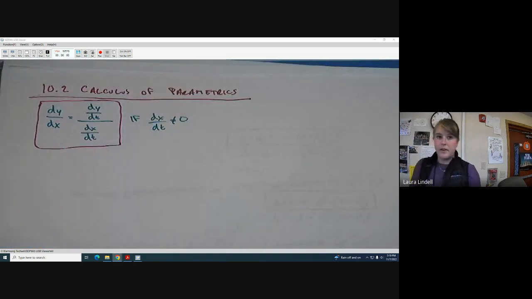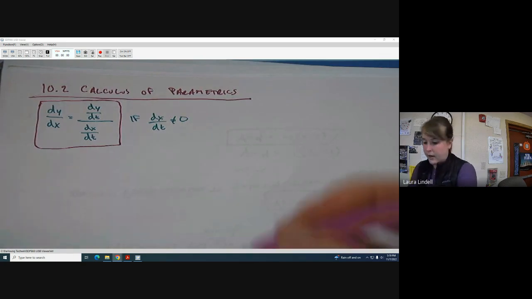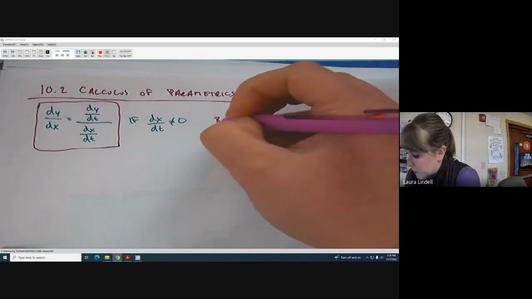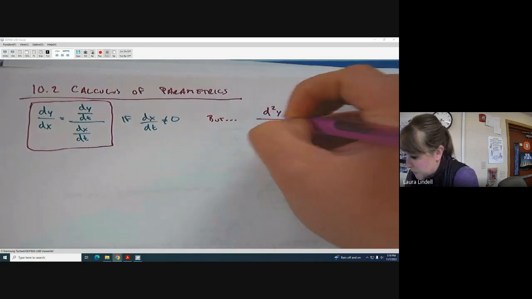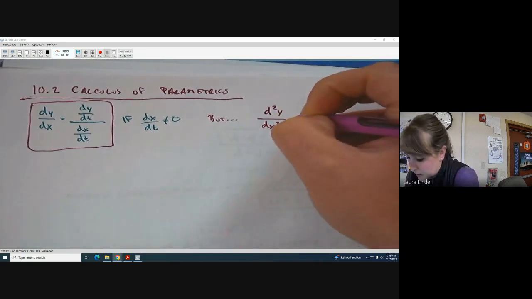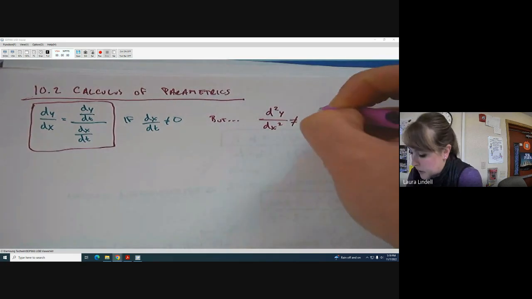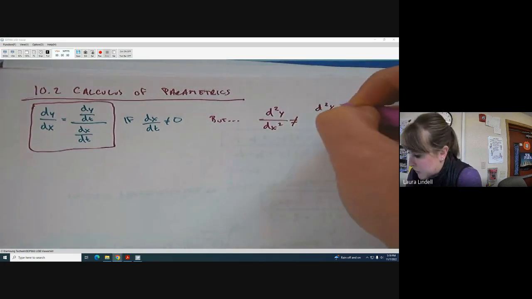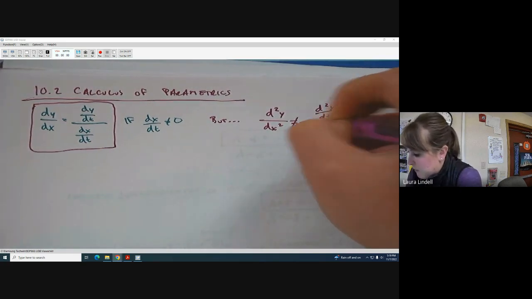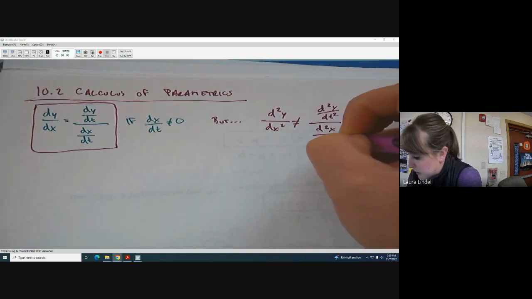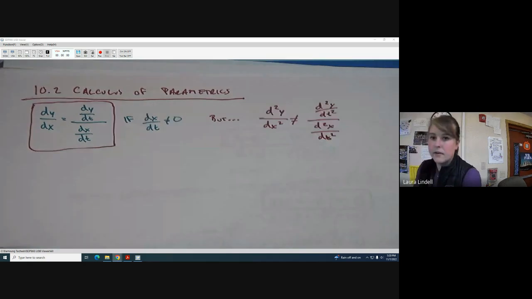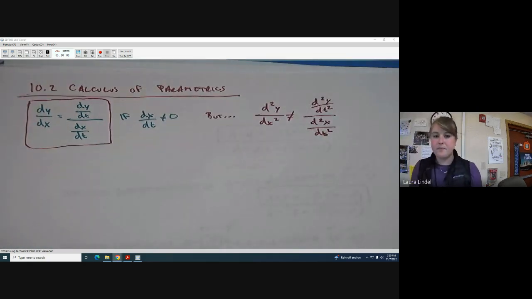The second derivative is a little bit different than you would think. The second derivative is not just going to be the second derivative of y with respect to t over the second derivative of x with respect to t. So it's not going to be that.